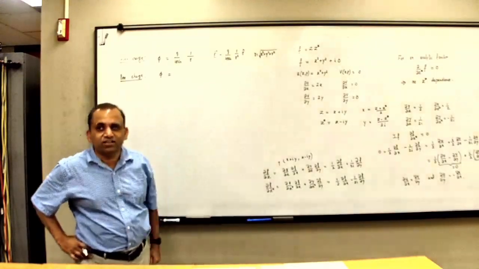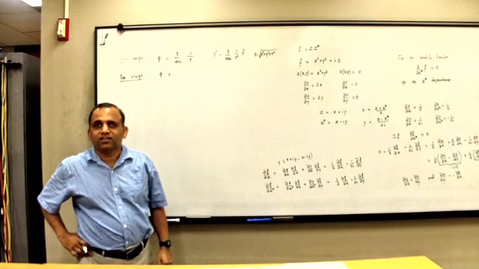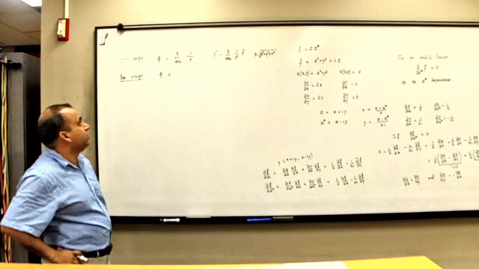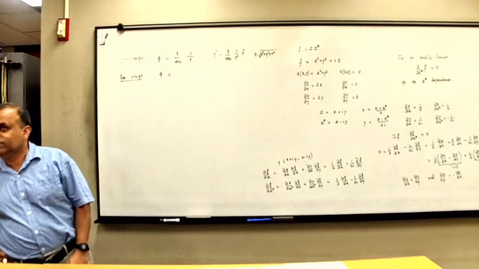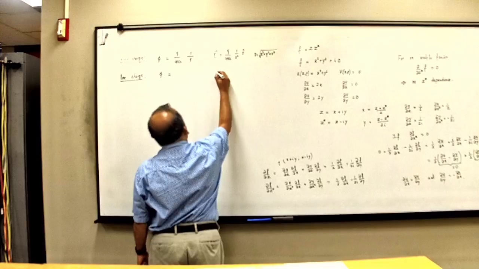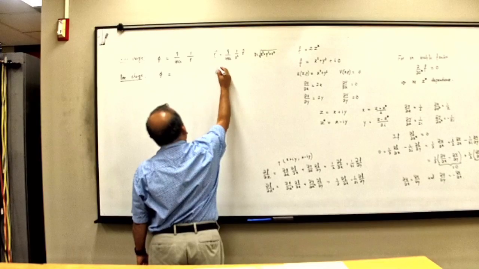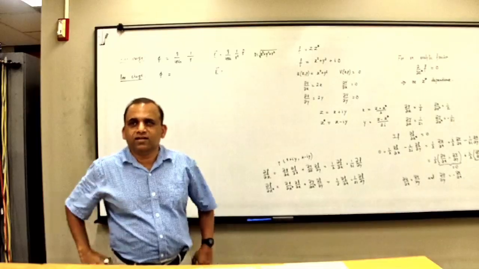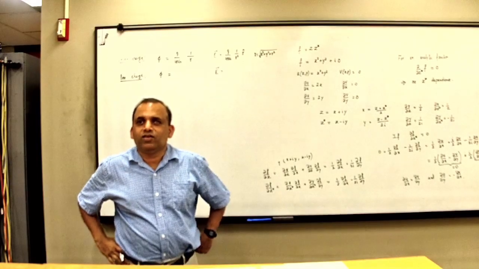That's easier. It's R minus R dash square, that's the distance.